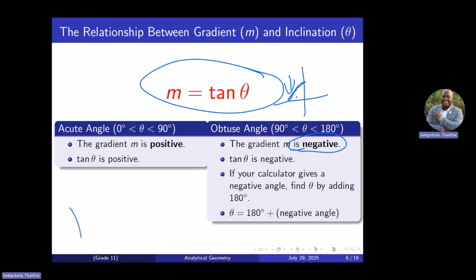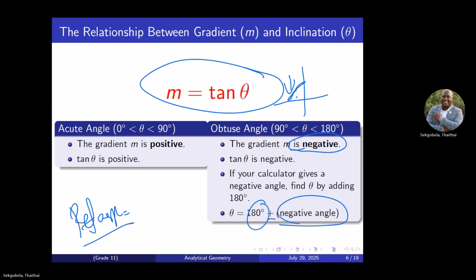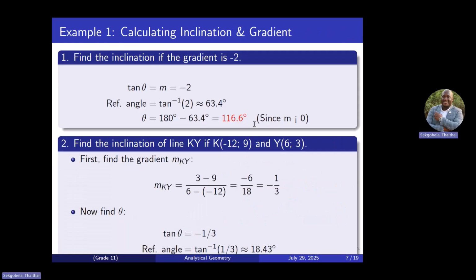Now you take your reference angle and you say 180 plus the negative angle that you get. You'll see that if you do some exercises, it becomes much clearer. Now we have one of the first examples.